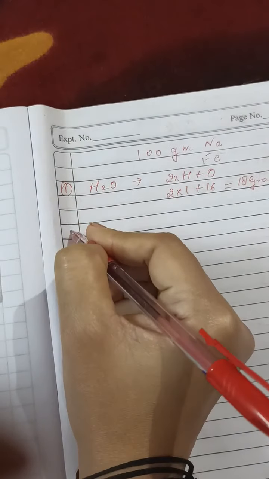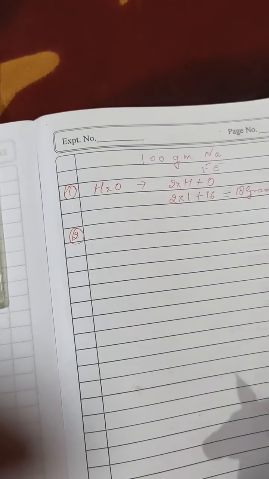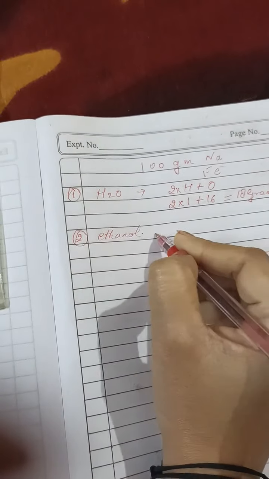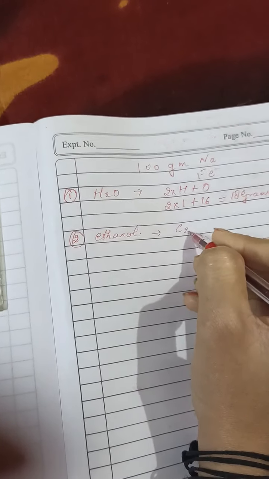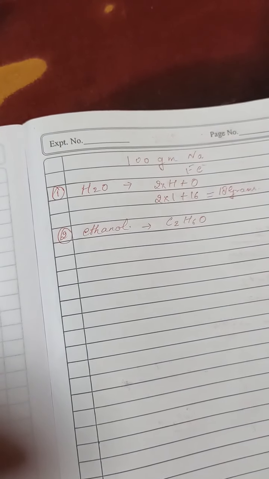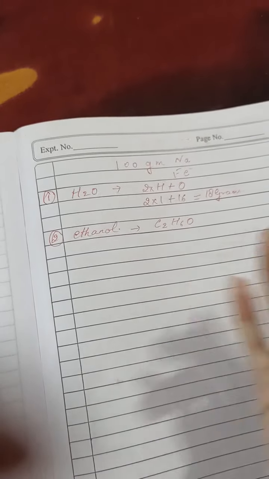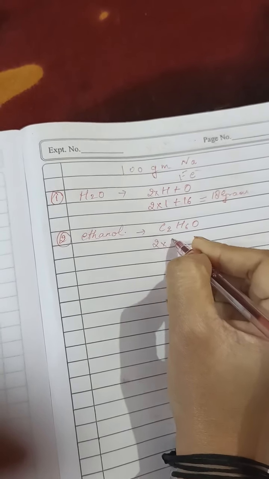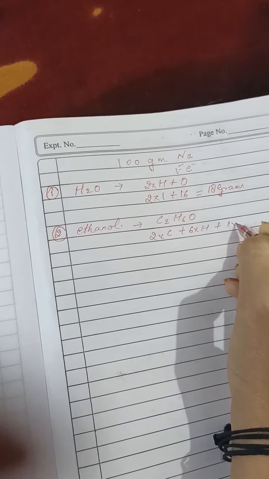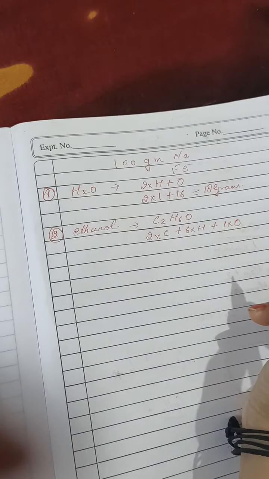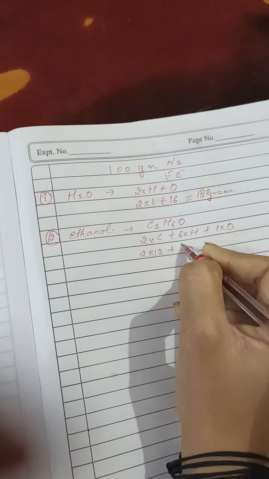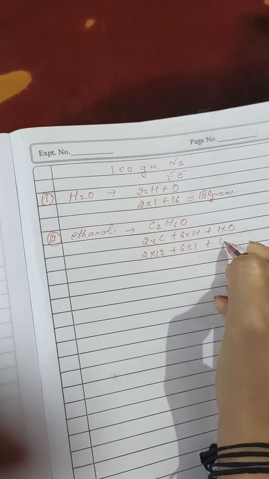The second part they are asking about is ethanol. The formula is C2H6O. Okay, let's start. 2 into C plus 6 into H plus 1 into O. Carbon: 2 into 12 plus 6 into 1 plus 1 into 16.